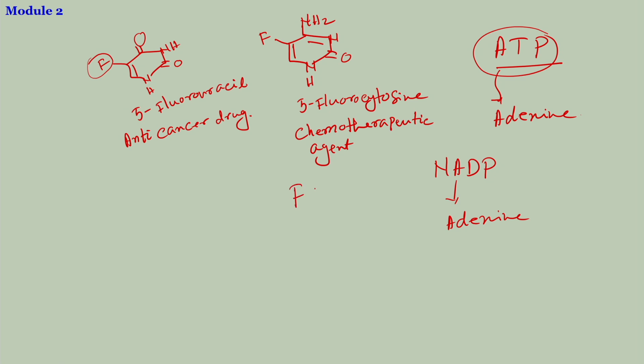Similarly, FAD is another very important cofactor or coenzyme which is present in many enzymes. This is flavin adenine dinucleotide, and the same adenine is here. So, apart from the DNA or RNA, apart from the genetic information, other kinds of biomolecules also contain nucleobases, and if we can develop them in the laboratory, or if we can make mimics of them, that would be useful.